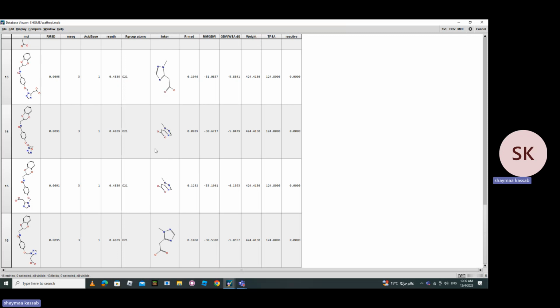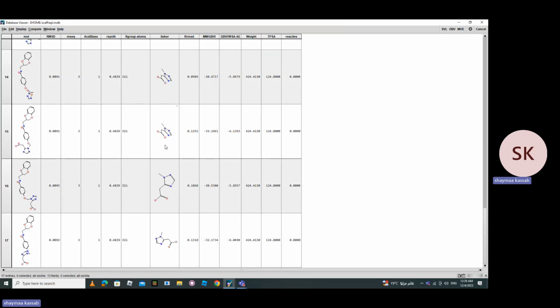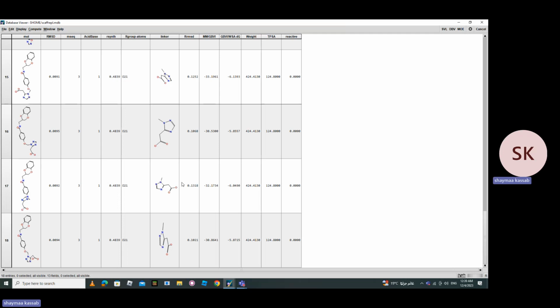These heterocycles are commercially available, and they have plenty of hydrogen bond donors and hydrogen bond acceptor atoms to give us the results we are dreaming of.